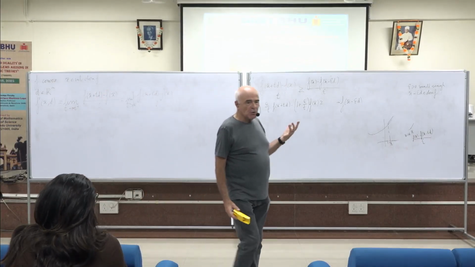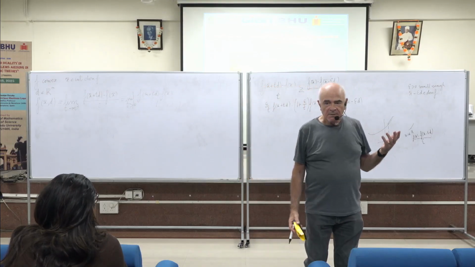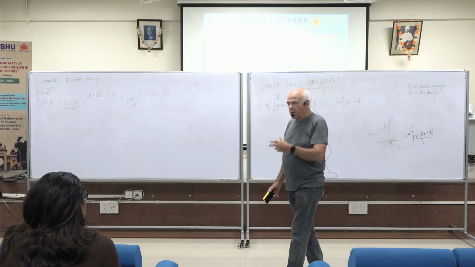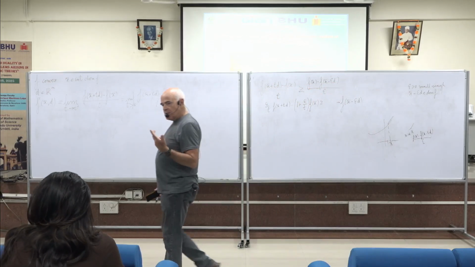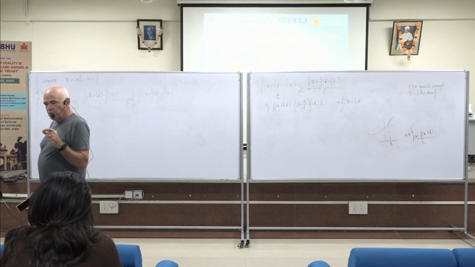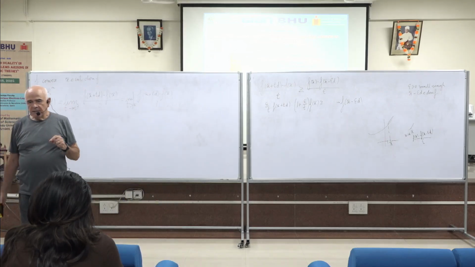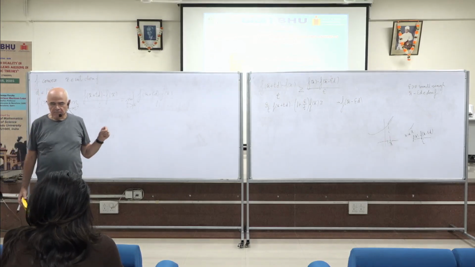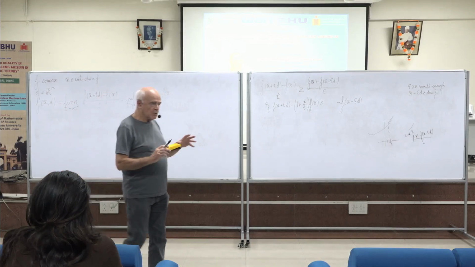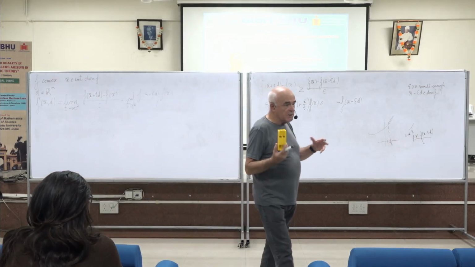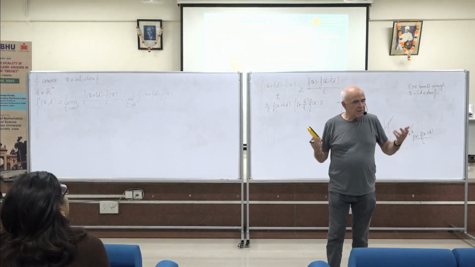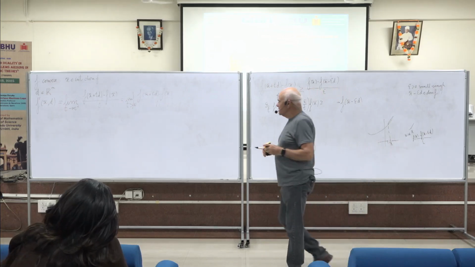Using the language of convex analysis, but I'm not going to use these ideas in the proof, the directional derivative as a function of the direction is the support function of the subdifferential. Okay, but I'm not going to use this notion. I'm telling you because those of you who are familiar with these ideas may easily understand.